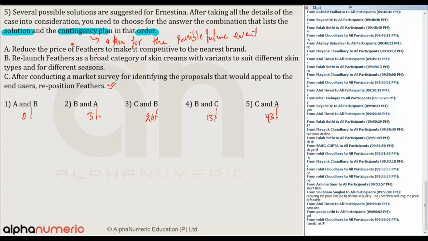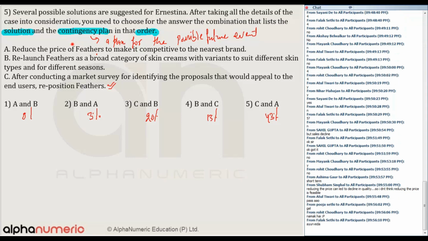So what I think the short-term solution here is that you can relaunch the same product under a different category. And the long-term solution is to do a market survey, and then try to reposition feathers. That is going to take a lot of time.